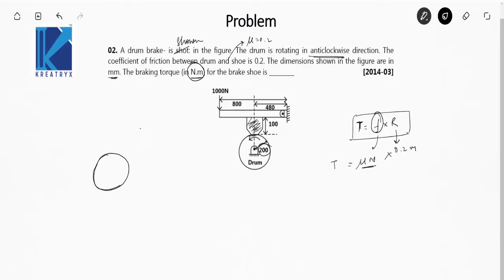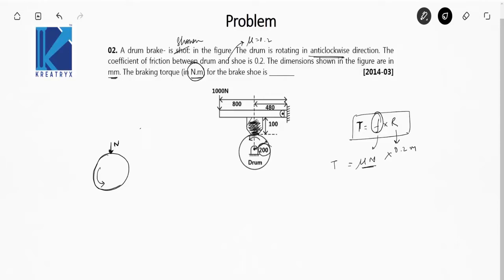So this is rotating in anti-clockwise direction. If I press the brake, there will be the normal reaction exerted by this pad on the drum in the downward direction, which is N, and this braking pad will try to stop its rotation.